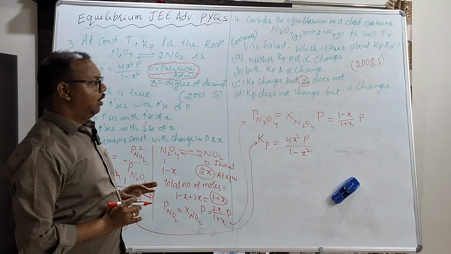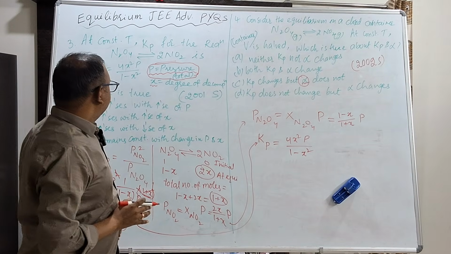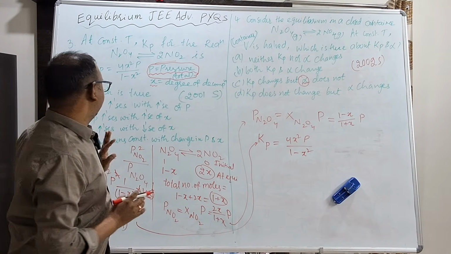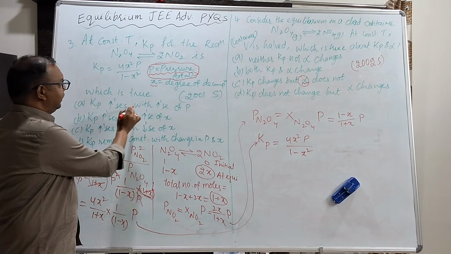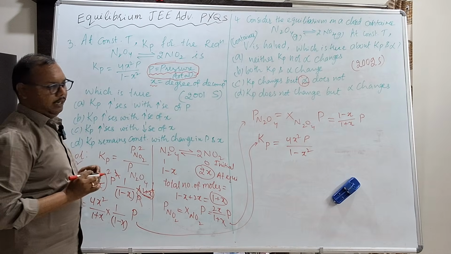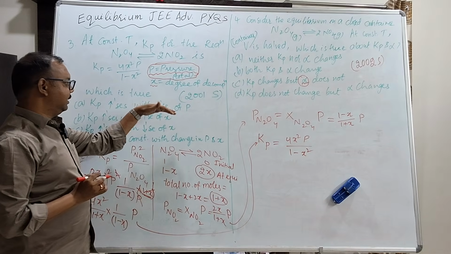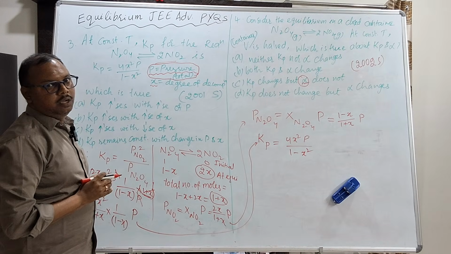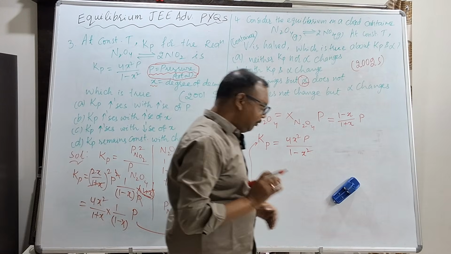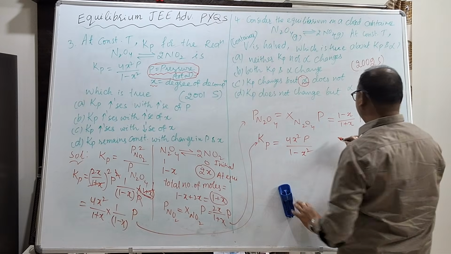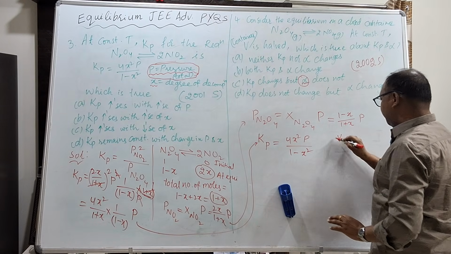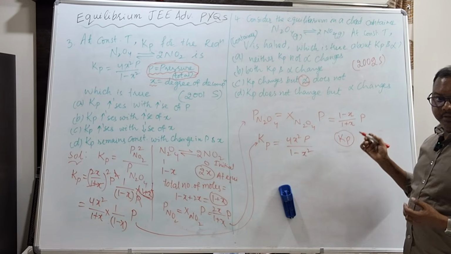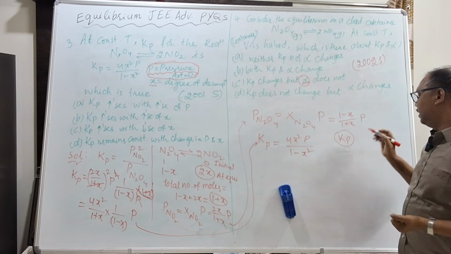We got it here. Now the question asked from this expression, what they are asking: Kp increases with increase in P. They have given this. Is that so? Actually, we know that Kp is the equilibrium constant in terms of pressure, and Kc we also know very well, the equilibrium constant in terms of concentration.